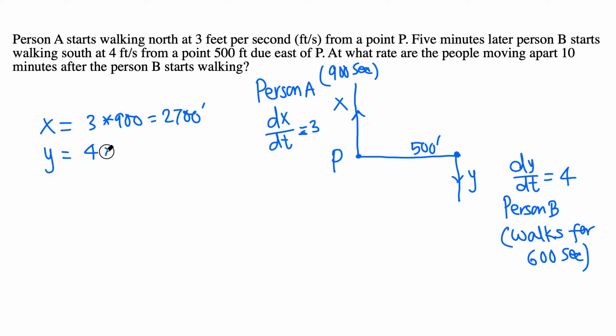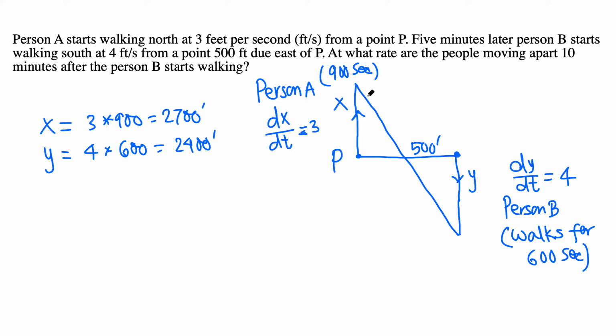So 4 times 600, so that's 2400. So B travels 2400, I don't know, maybe somewhere here, and A travels 2700 feet. This is 2400 feet. Then it does not have to be exact.